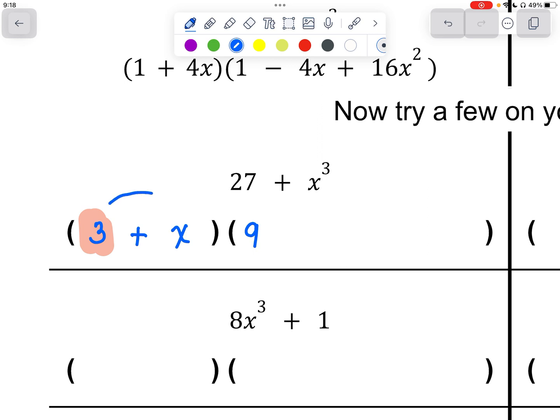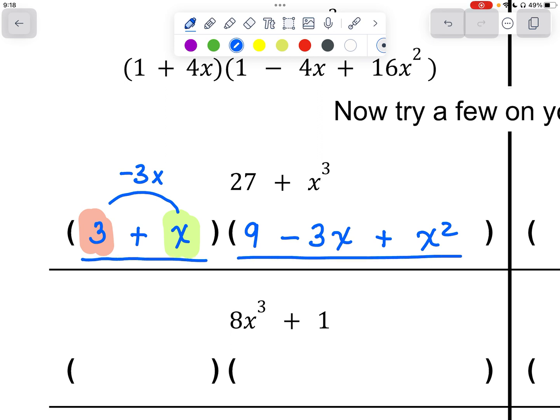We're going to multiply these two together and take the opposite sign. And then we square the last term. And if we were to multiply these two expressions together, we would get 27 plus x cubed.